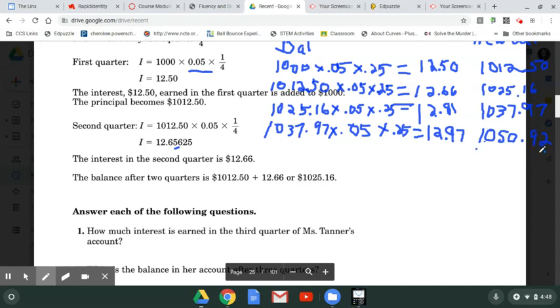Okay, so this would be the balance after the full year. And so this would be how much interest she would have earned in a year.